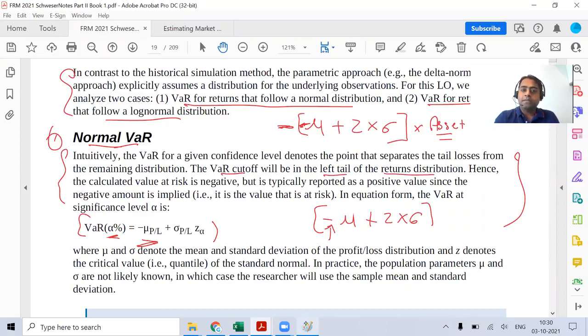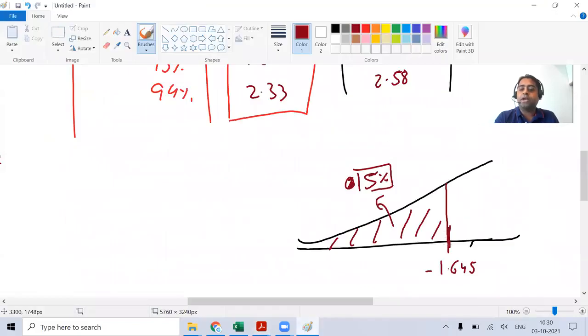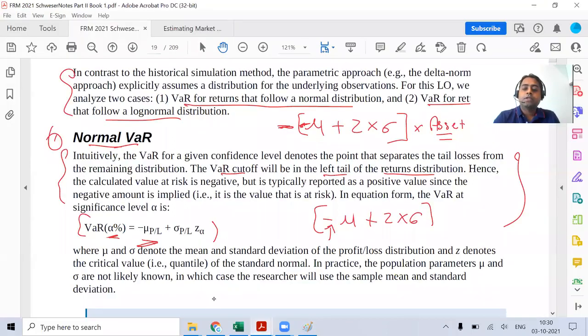That means when we look at the tail, this cutoff point is going to be on the left hand side of the distribution. So read this first paragraph. Perfect.